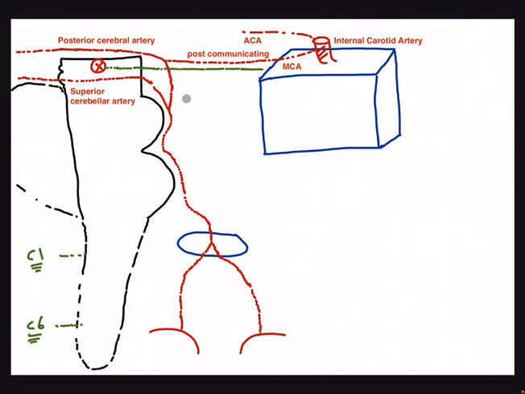So these are the three arteries which can affect the function of the oculomotor nerve if they have aneurysm formation or any abnormality.